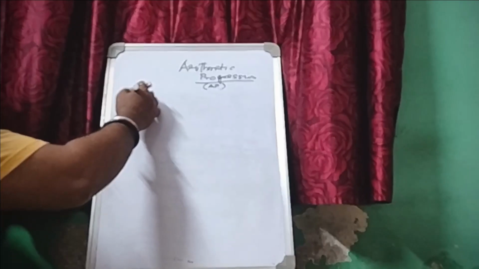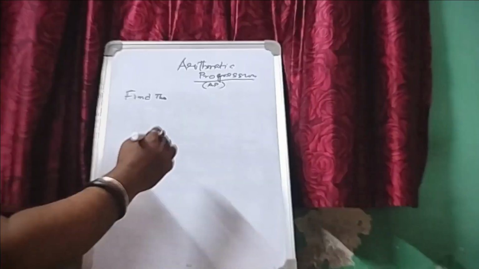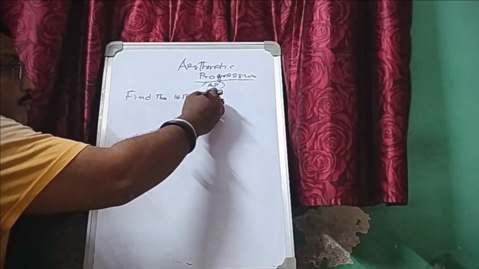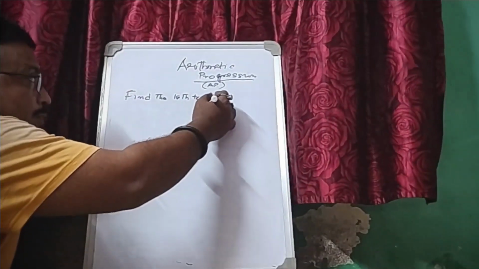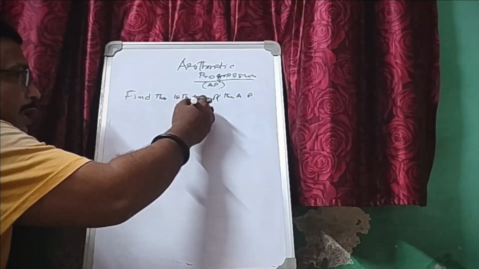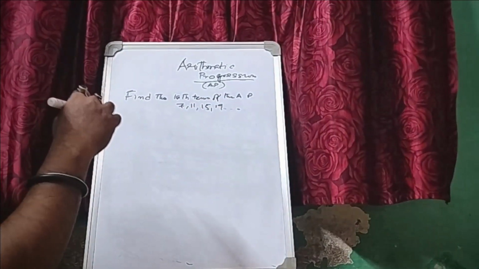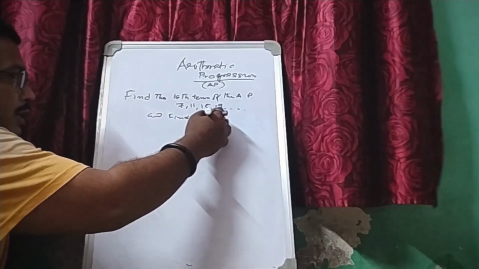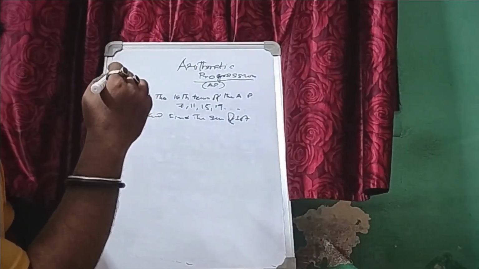Find the 16th term of the AP 7, 11, 15, 19, and find the sum of the first six terms.